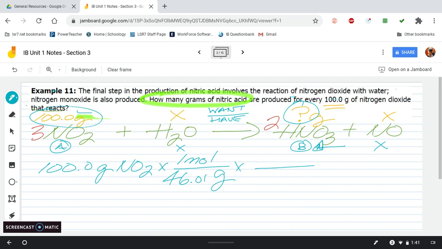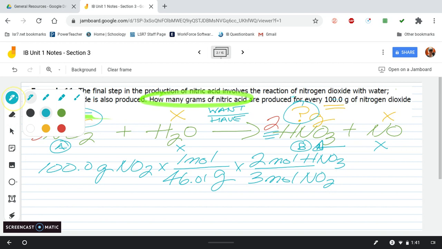So I'm going to put 2, because that's the coefficient, 2 moles of the HNO3 on top of the 3 moles of NO2. And then that is going to conveniently do some canceling for us.